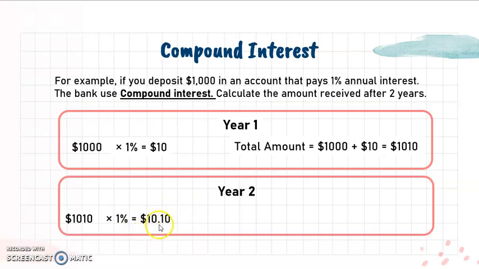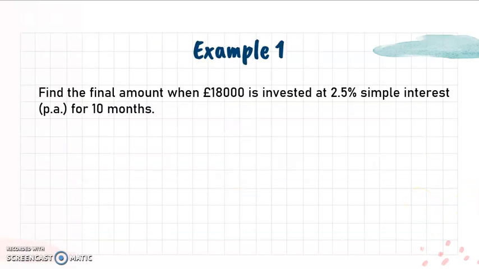The interest you'll get is $10.10. So at the end of year 2, you'll get $1,020.10. Alright, so now I want you to pause this video and try to recall what is simple and compound interest, and try to differentiate between those two interests.